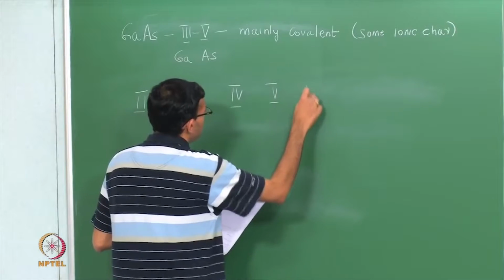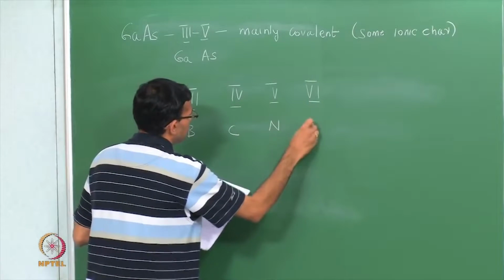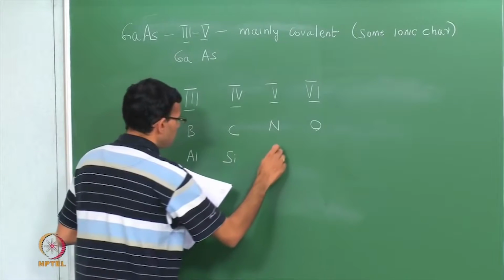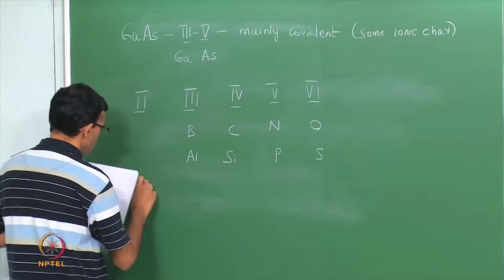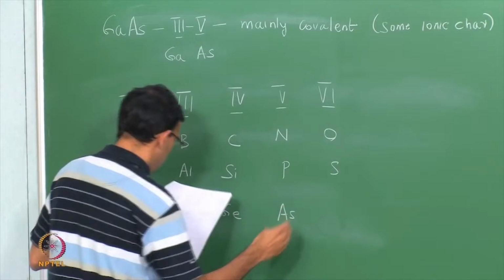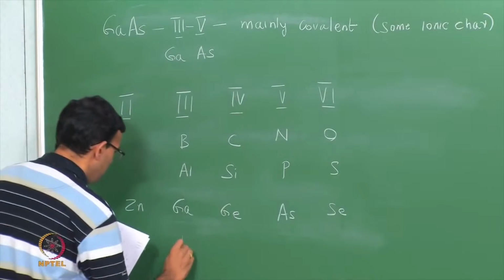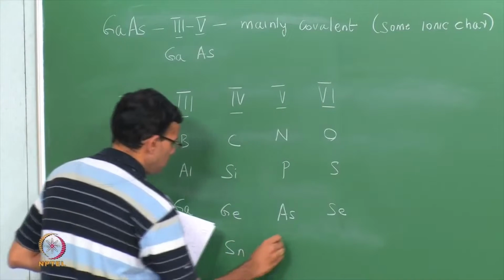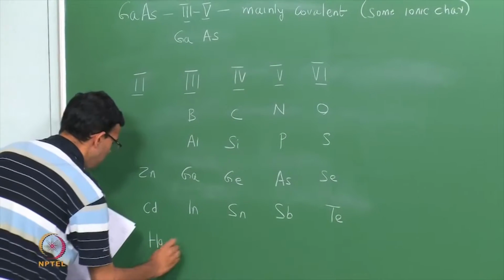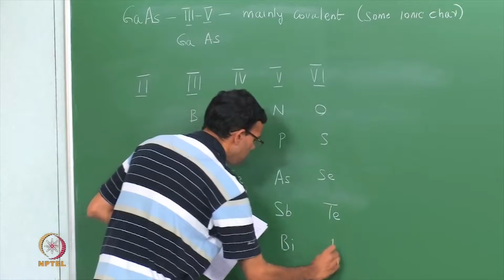So, groups 2, 3, 4, 5 and 6: boron, carbon, nitrogen, oxygen, aluminum, silicon, phosphorus, sulfur, zinc, gallium, germanium, arsenic, selenium, you have cadmium, indium, tin, antimony, tellurium, mercury, thallium, lead, bismuth and polonium.